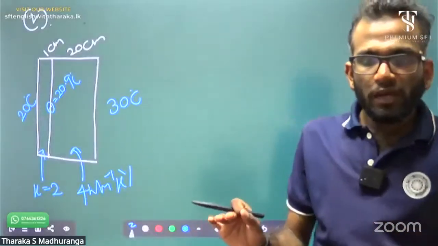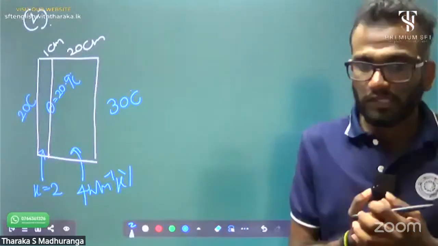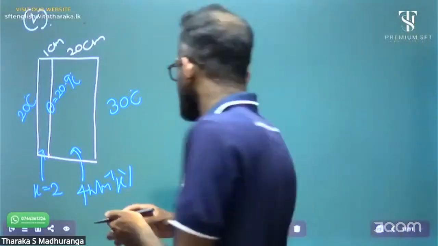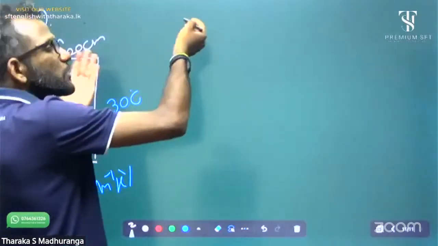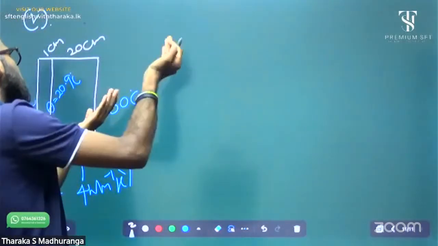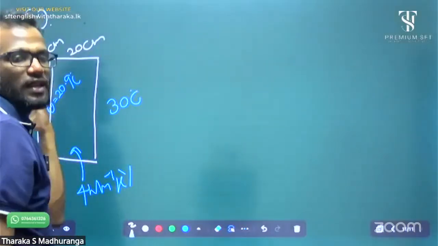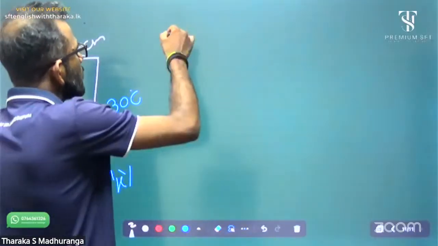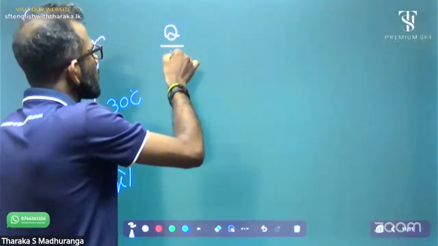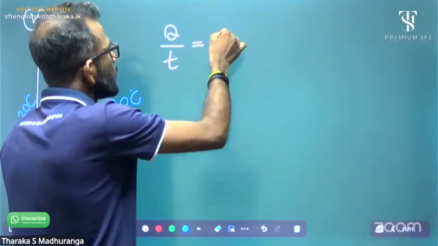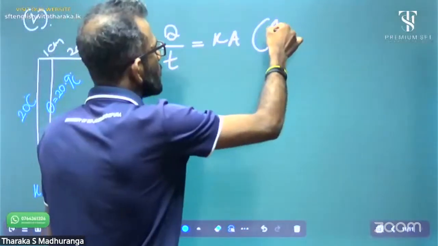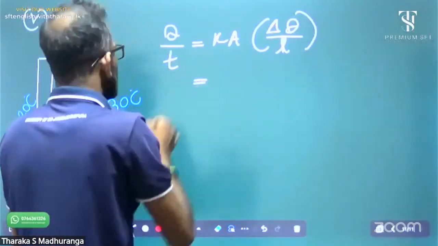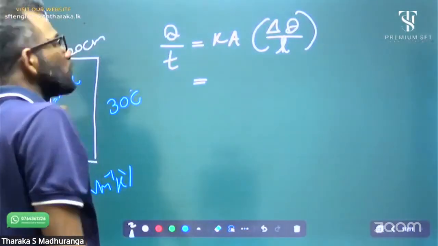Okay, now how can you calculate the thermal conduction rate? If it is steady or continuous, the thermal conduction rate of both the wooden layer and the wall is the same. Then Q over t equals kA delta T over L. I'm going to start with the wooden layer.